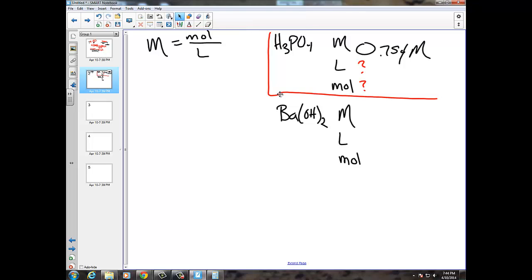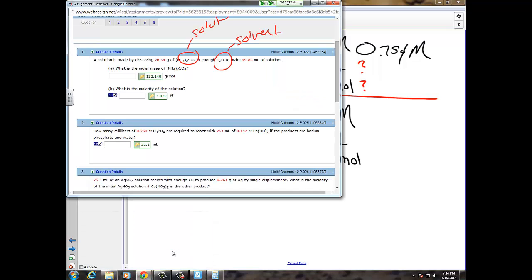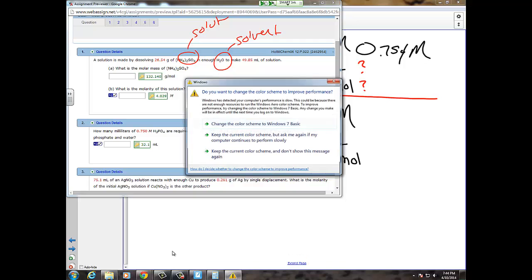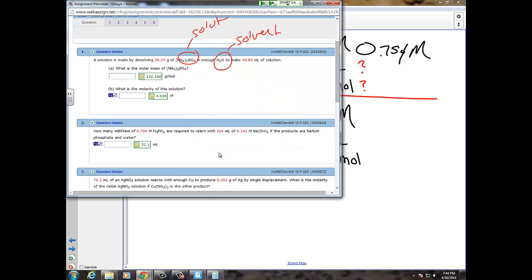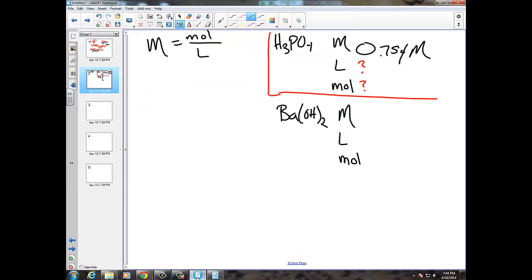All right, so I don't have enough of those. Well, let's try barium hydroxide. Let's see if I have enough information to solve that one. Okay, well, that's a 254 milliliter solution. So 254 milliliters is 0.254 liters.